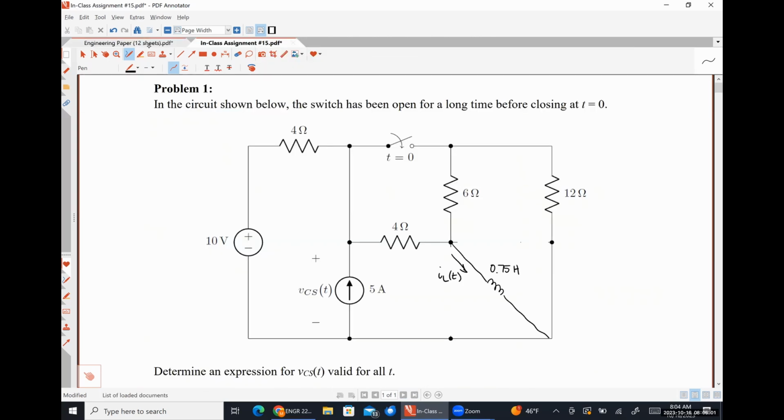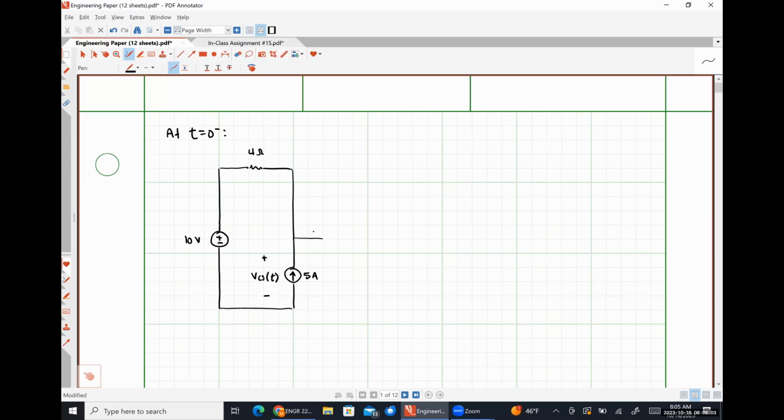4 ohm right here. Six ohm resistor right here. Our inductor is going to look like a short circuit. Here is our inductor current, IL of 0 minus, and excuse me, this should be VCS at 0 minus.